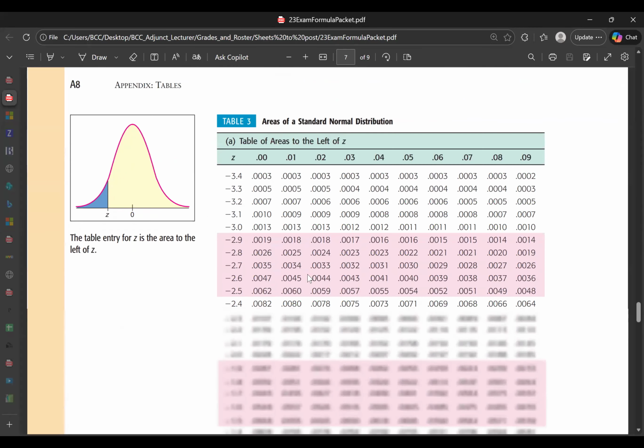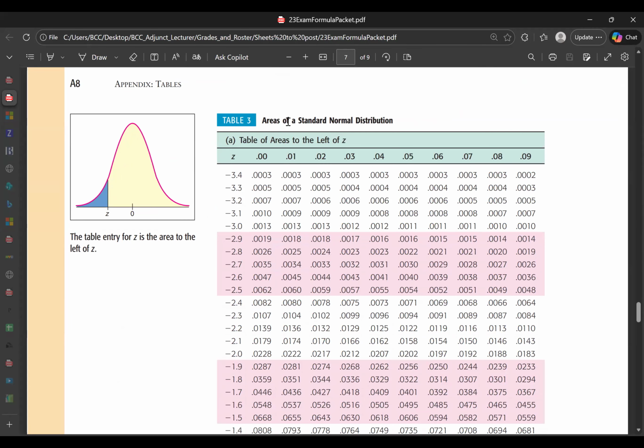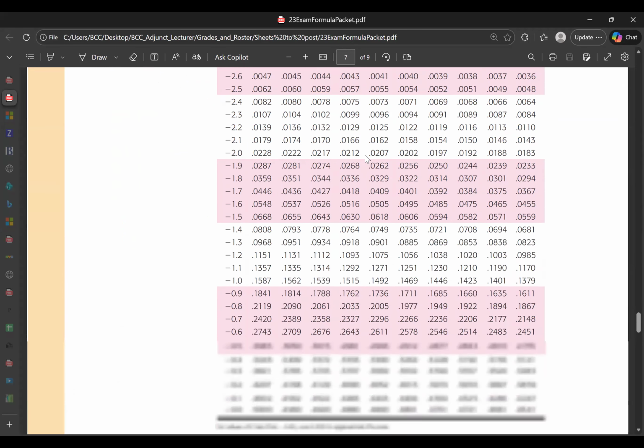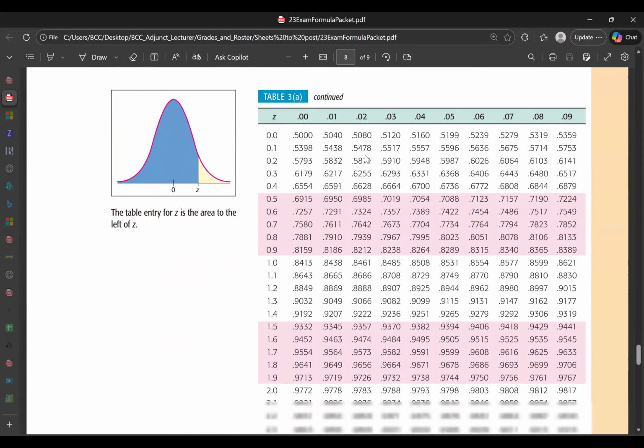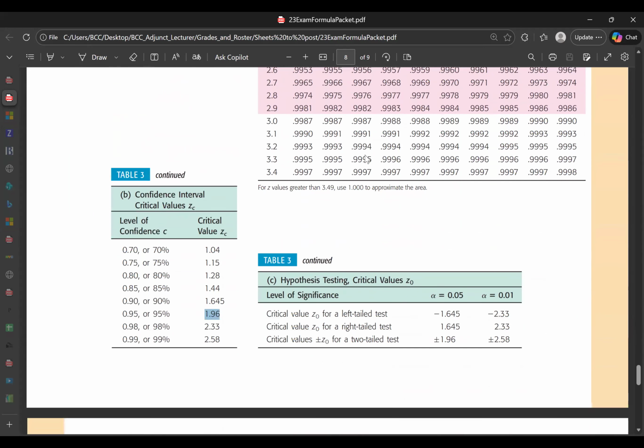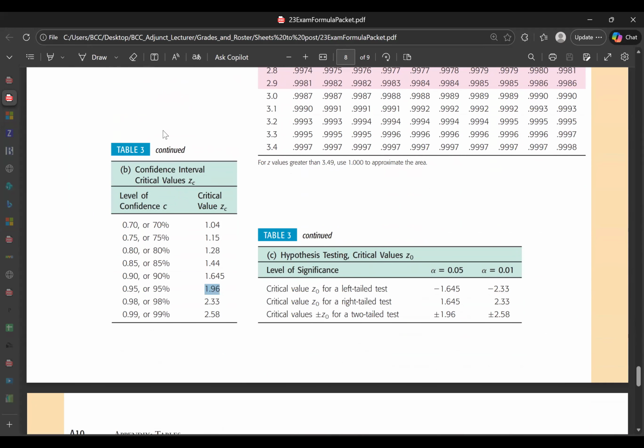Okay. So now we have our areas of a standard normal distribution. So what I'm doing, I'm just scrolling down to the bottom right here where it says confidence intervals, right? And I want 99, right? So here goes 99. And there's a Z critical, 2.58.